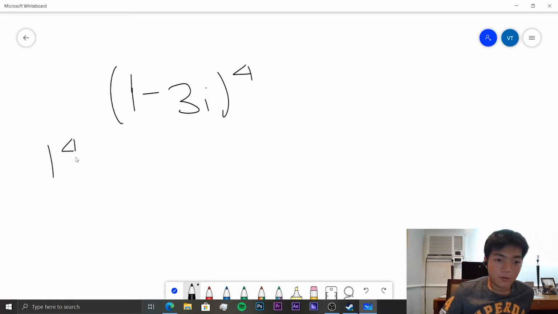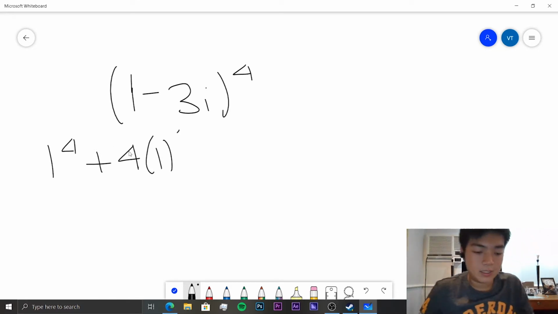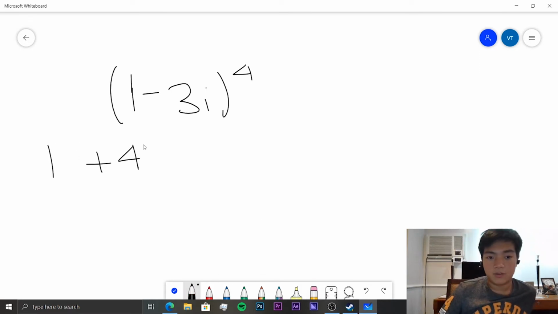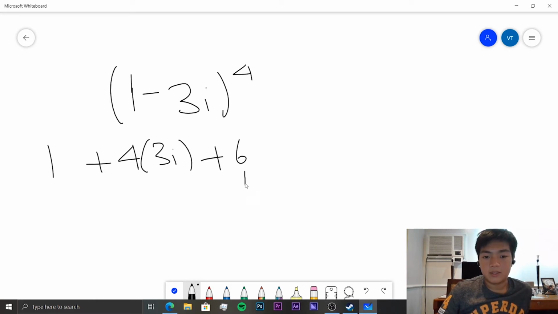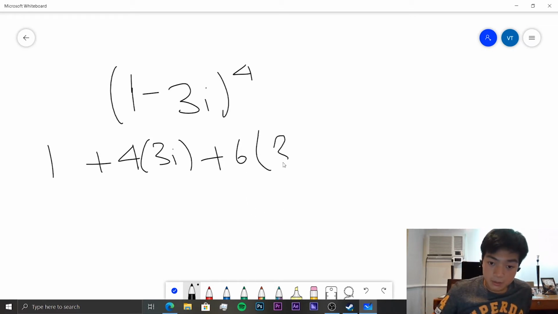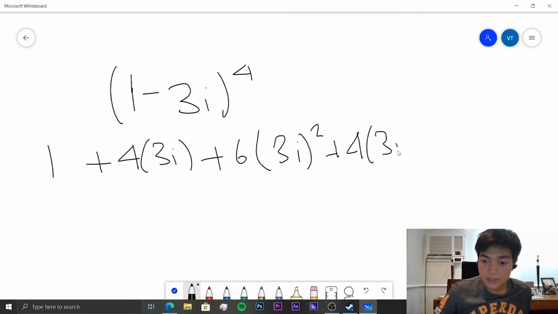This is 1 to the 4 plus 4 times 1 to the 3, but I will just ignore the powers of 1 since they're irrelevant. So it's 4 times 3i plus 6. Remember, this is 4 choose 2 times 3i squared plus 4 times 3i cubed plus 3i to the 4.